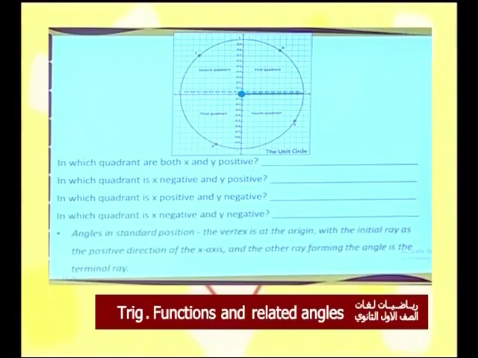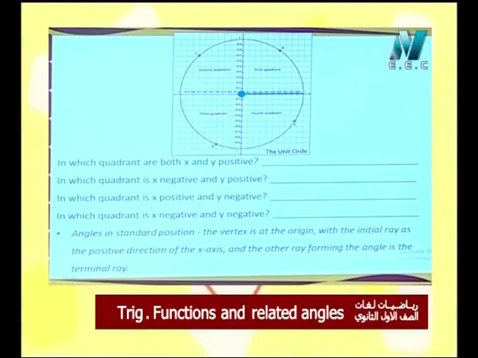Okay, look carefully at this. We have here the origin point, and we try to draw any angle here. Our initial side will be OX, the positive direction of the x-axis, and we revolve 1 round in the anti-clockwise direction to get a positive angle.